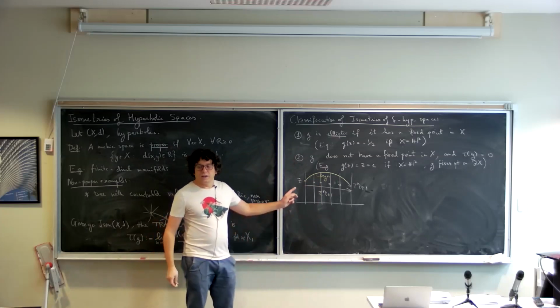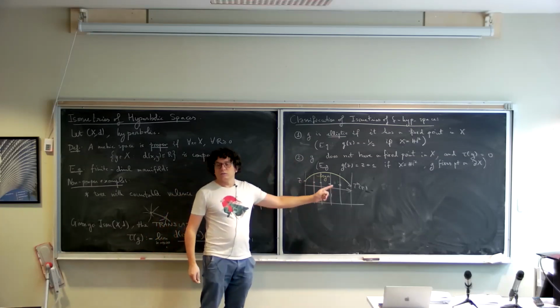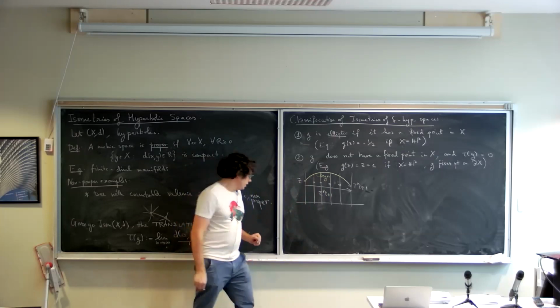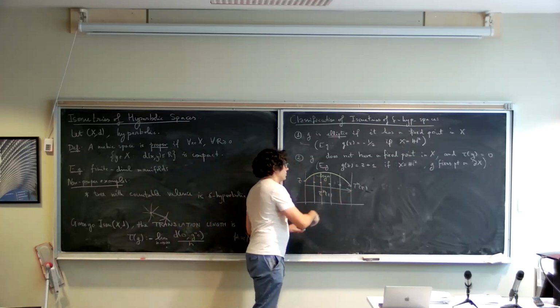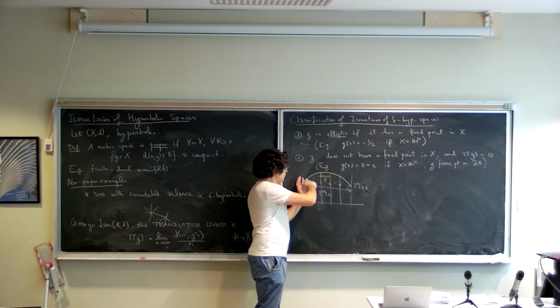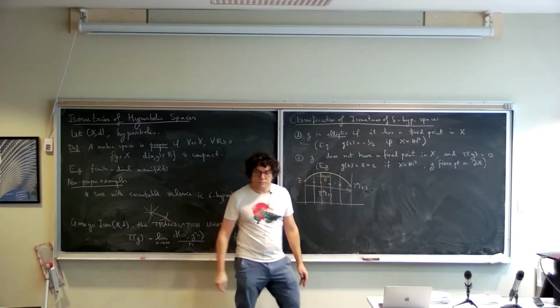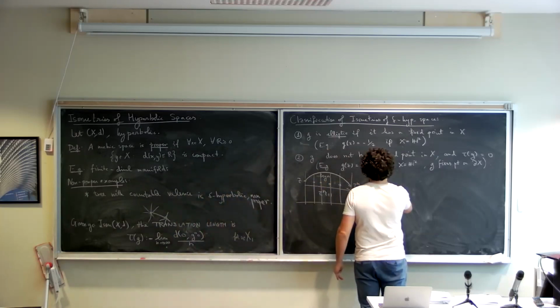So that's why the translation length is 0, even if you're moving n times, there's actually a shortcut.